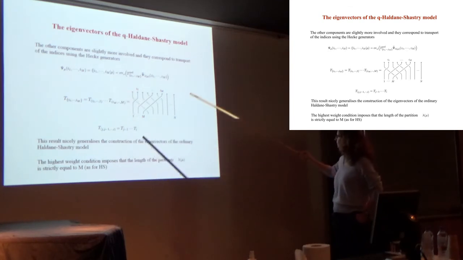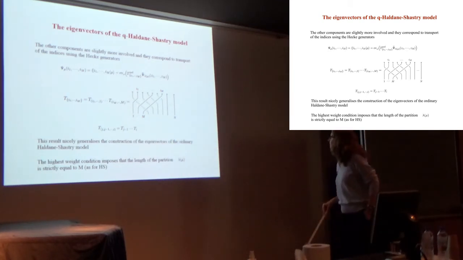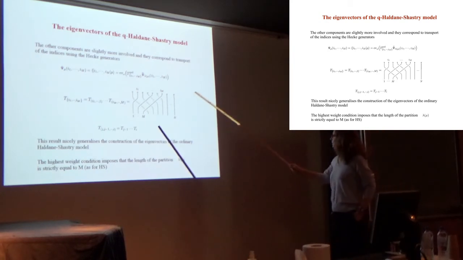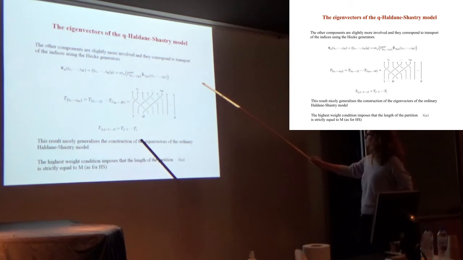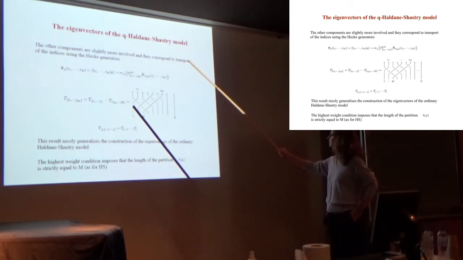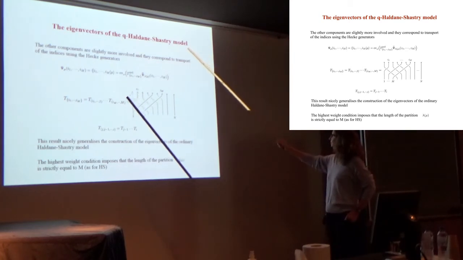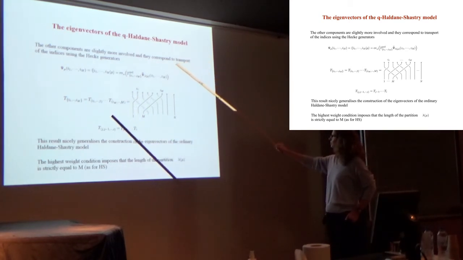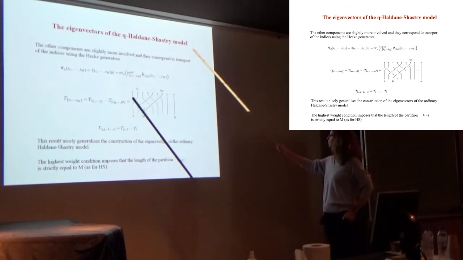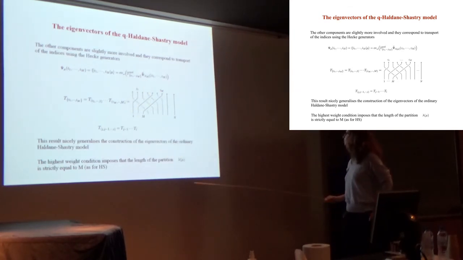So in the way shown by this figure here, the fact that the basis of functions is symmetric with respect to coordinates and spins allows us to transfer the action of the transport of spin to the transport of coordinates.